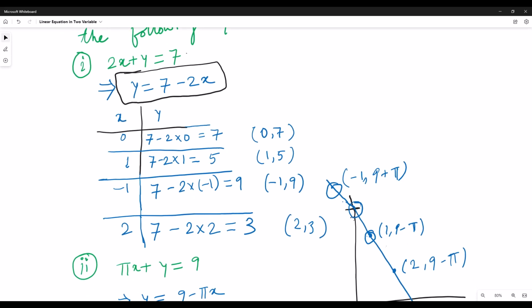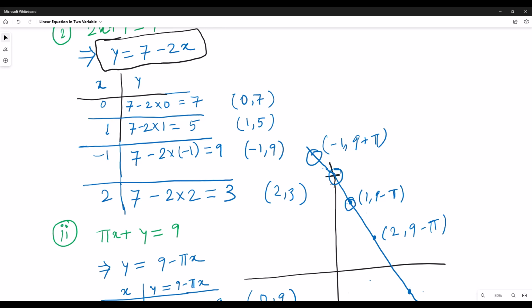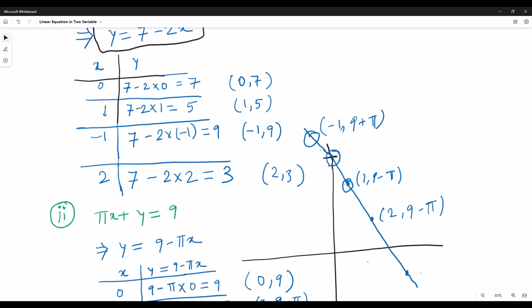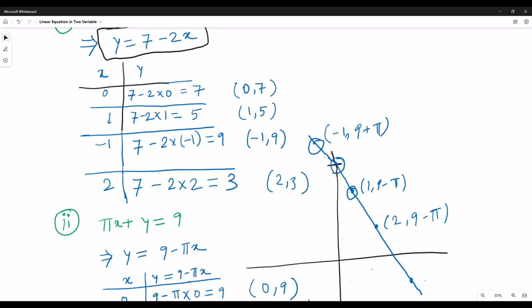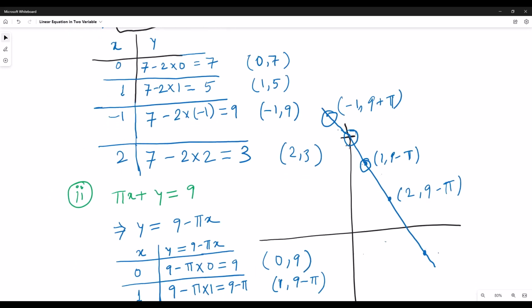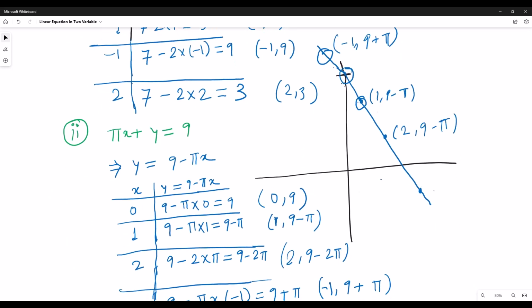So 2x plus y is 7, so y is 7 minus 2x. You put different values of x and get the corresponding values of y, and this is the way you get infinitely many solutions of this equation. Similarly, x plus y is 9.